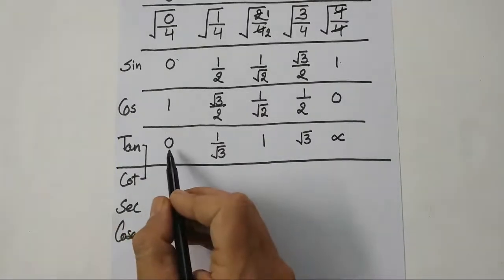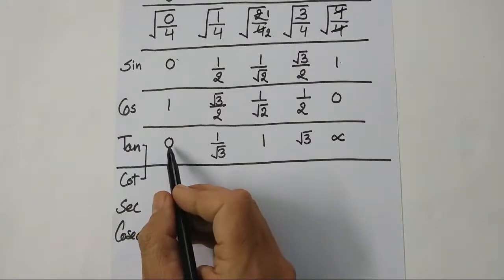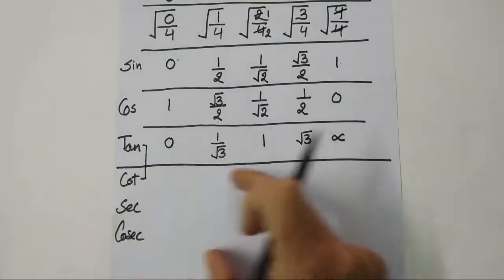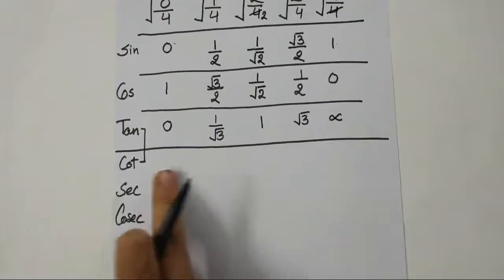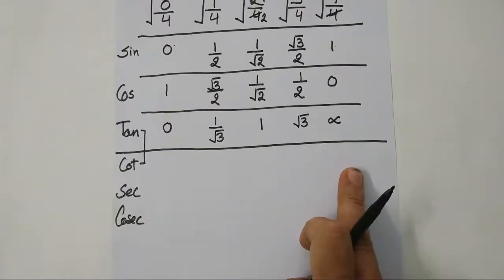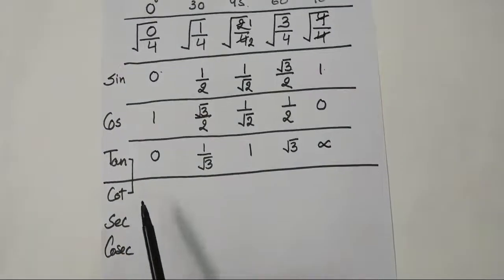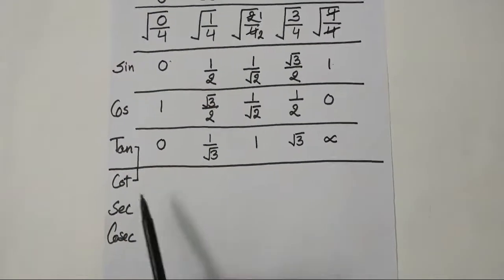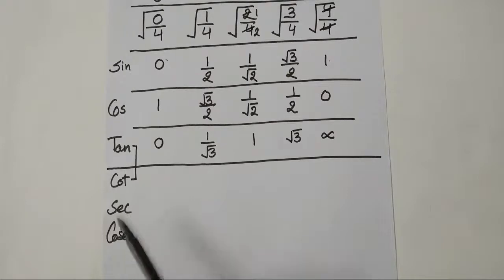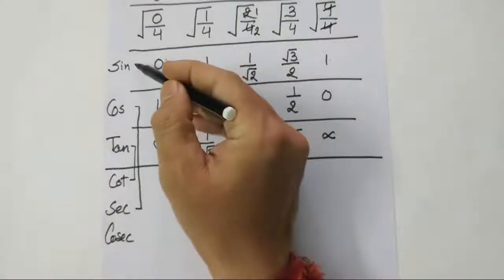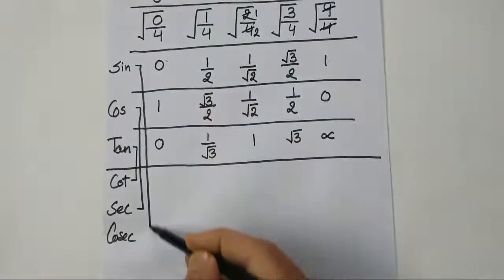So what is the answer when you divide 1 upon 0? It will be the reciprocal. The main thing is that the lower degrees are easy to write. You have to just get the values of sine, cos, tan, and then take the reciprocals for cot, sec, cosec. If you have done trigonometry, you will understand that these are reciprocals.